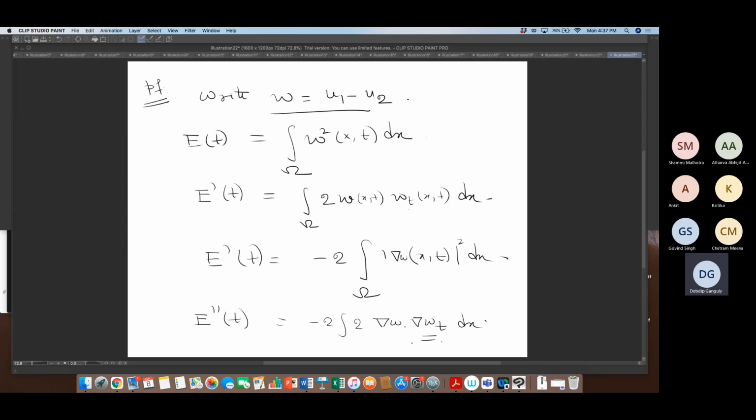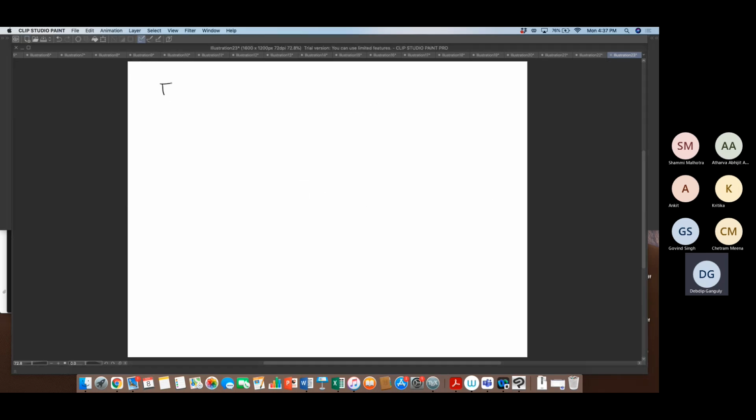Now the double derivative E double prime t is minus 4 integral of gradient W dot gradient W with respect to t dx. Now use the integration by parts. It will become 4 integral of Laplacian W into Wt.